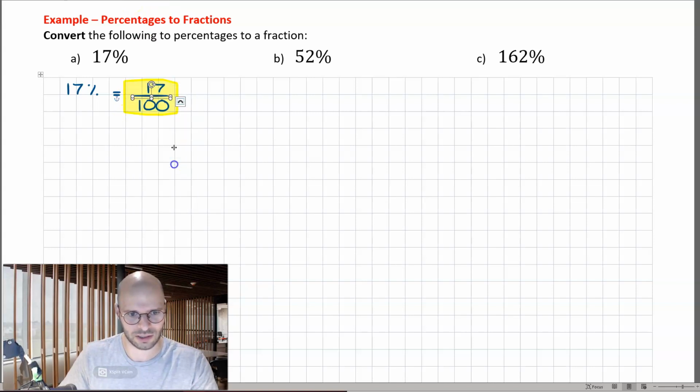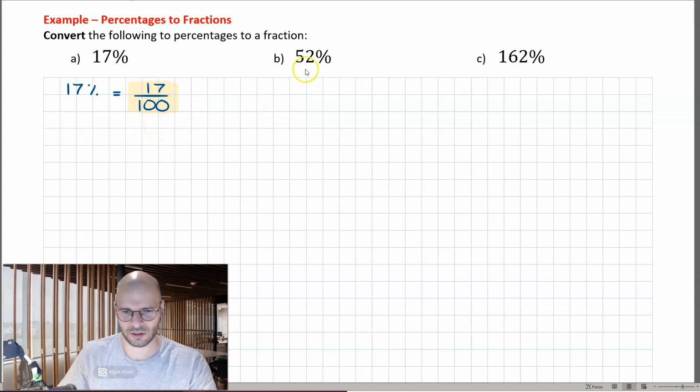Consequently, 17% is the same as 17 over 100. So there's our first example. To convert a percentage into a fraction, we start off by putting it over 100. And if we can't simplify it, then we leave it as is.